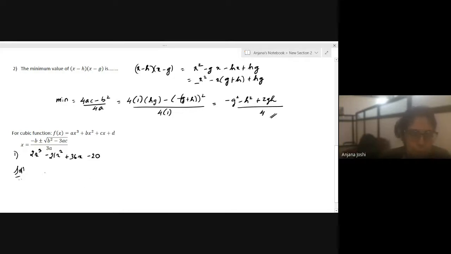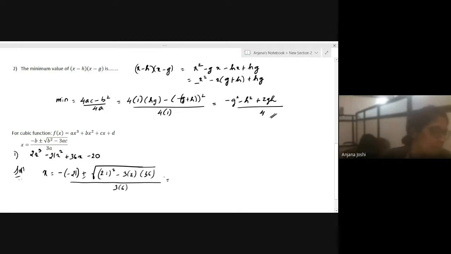So comparing this, I'll go for x is equal to minus b, that is minus of minus 21, plus or minus root of b square. B square will be 21 the whole square, minus 3a. A is 2, and you can see that the value of c is 36, divided by 3a, that is 3 into 6. So just see what values of x we shall be obtaining.